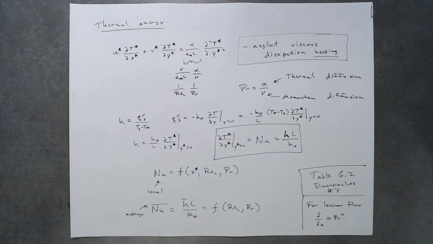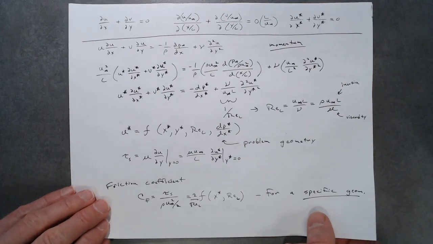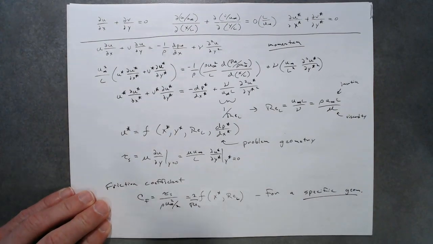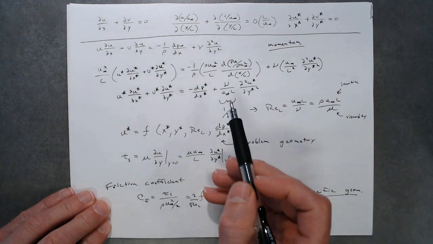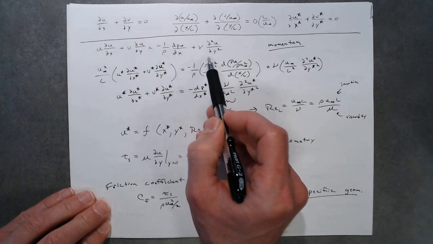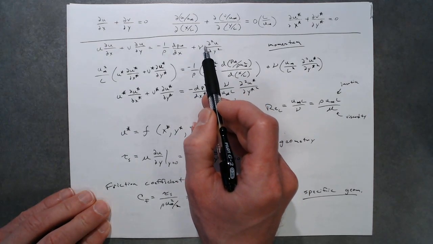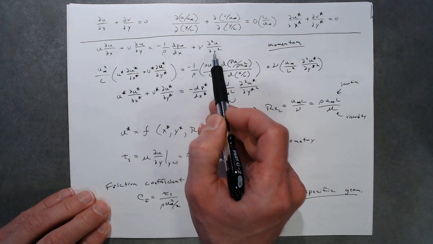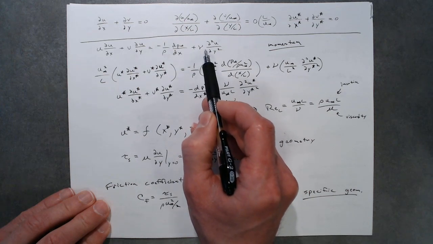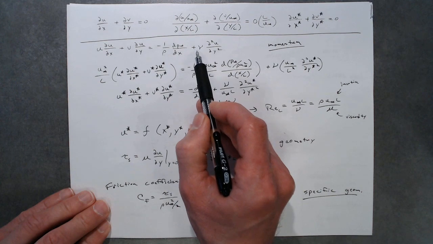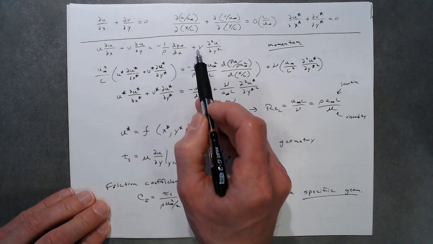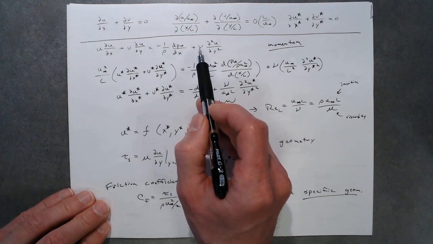And actually, let's flip back and take a quick look explicitly at that and remind ourselves that we had this diffusion term, and again, this is diffusion of momentum, and the constant that determines the rate at which momentum diffuses is kinematic viscosity.